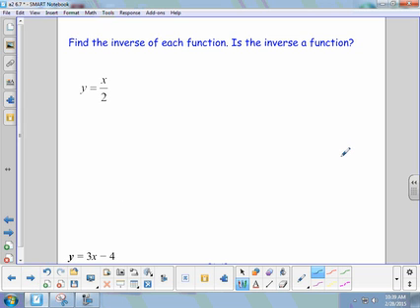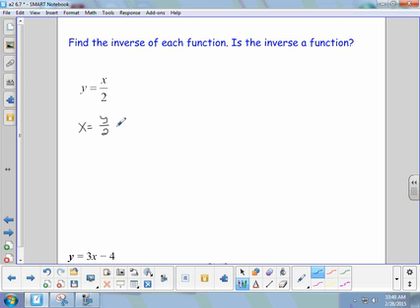A lot of times, you're going to get an equation, and you're going to be asked to find the inverse. It's really not very difficult to do if you follow the steps. First step, switch your x's and your y's. Second step, solve for y.